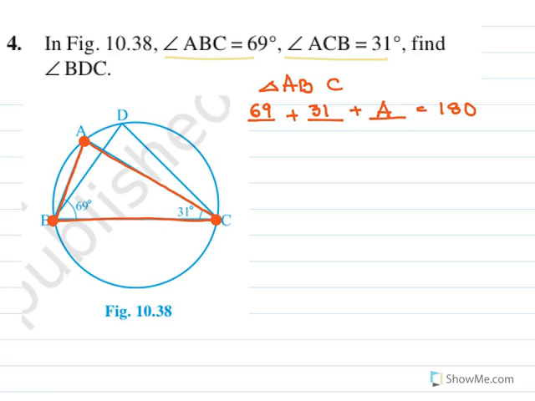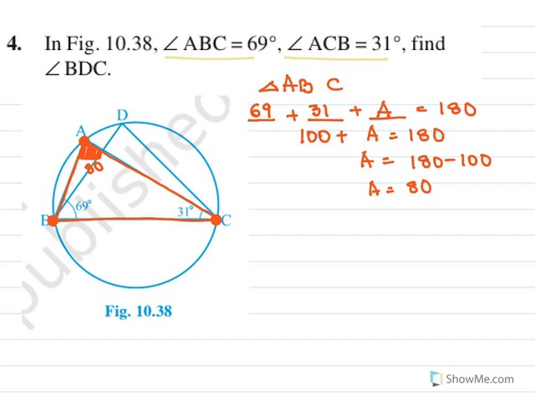So 69 plus 31 is 100 plus A equal to 180. So A will be 180 minus 100. So A will get 80. So this angle A is 80.